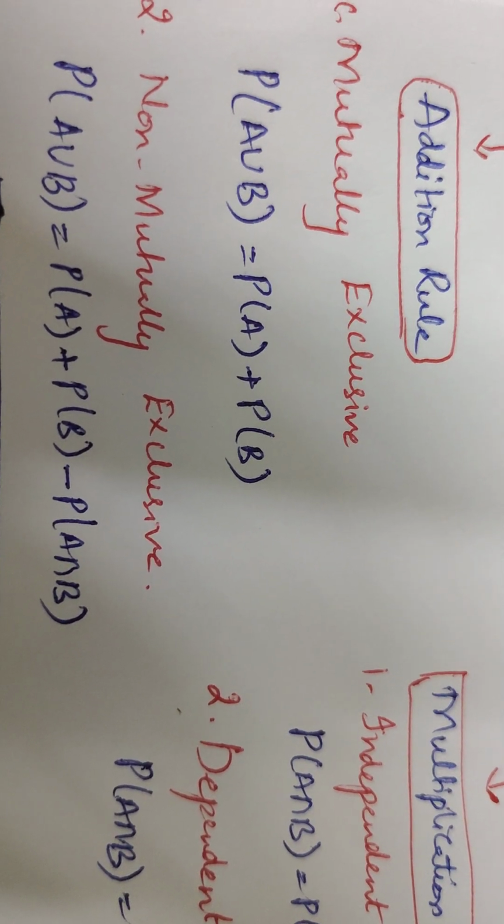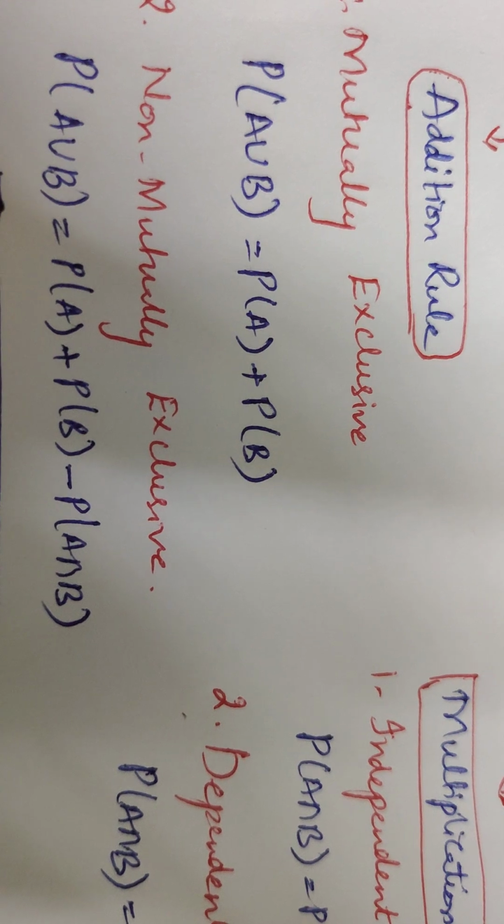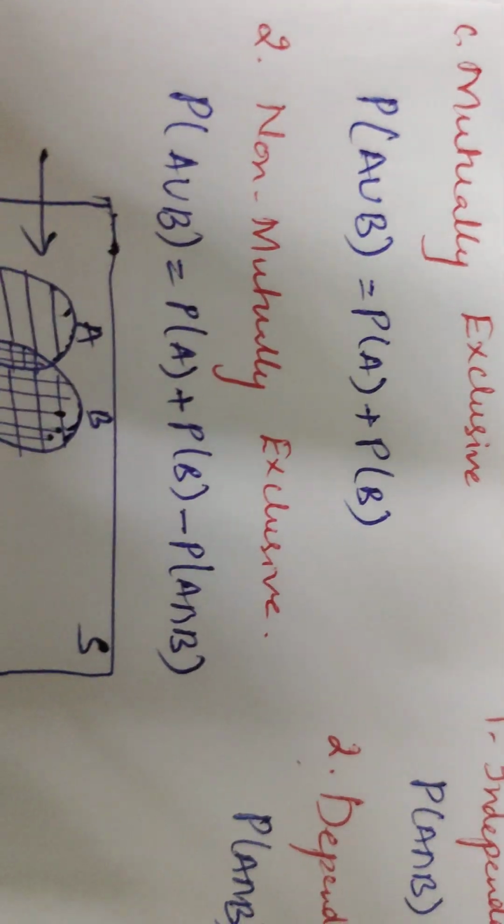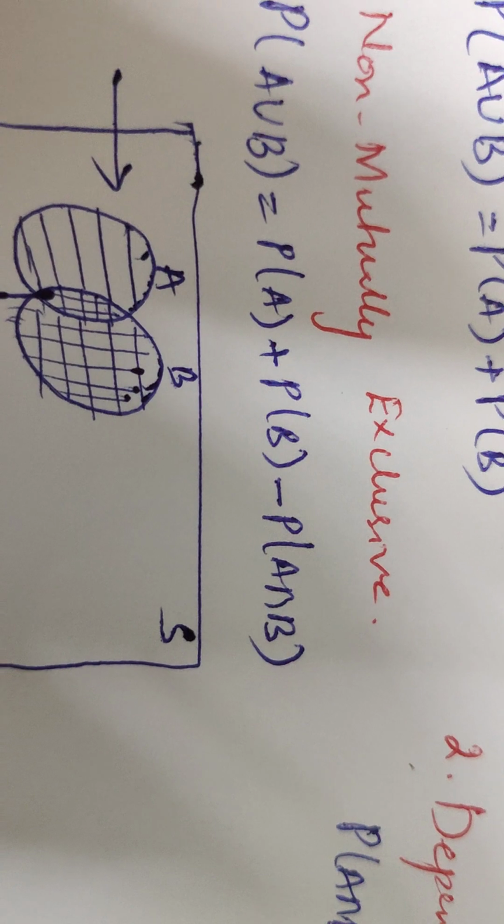So what are A and B here? A and B are two sets or two events, shown in the form of a Venn diagram.